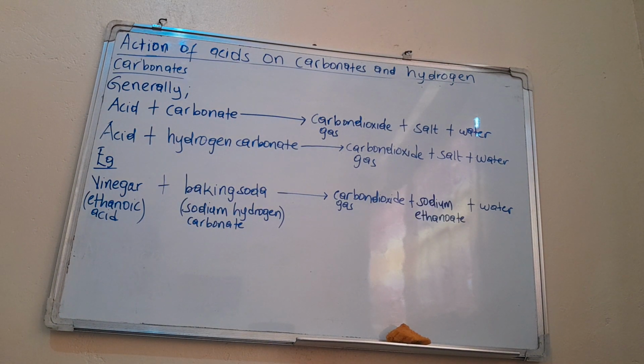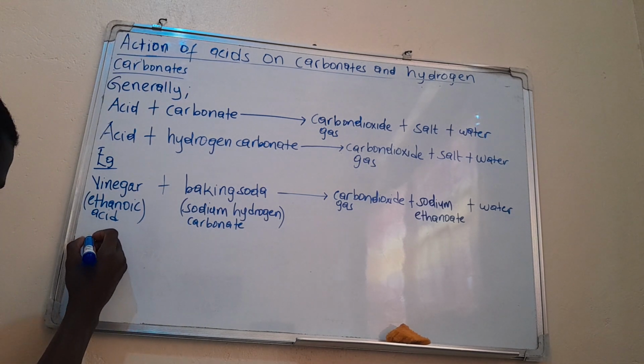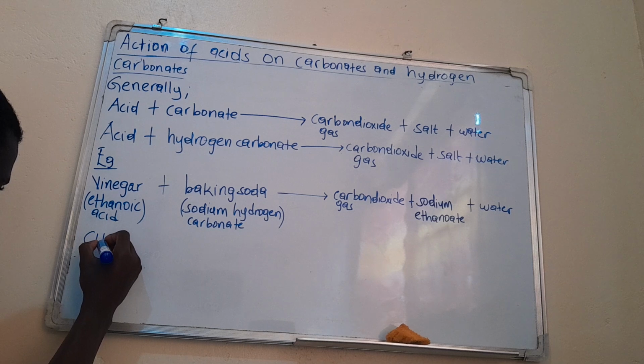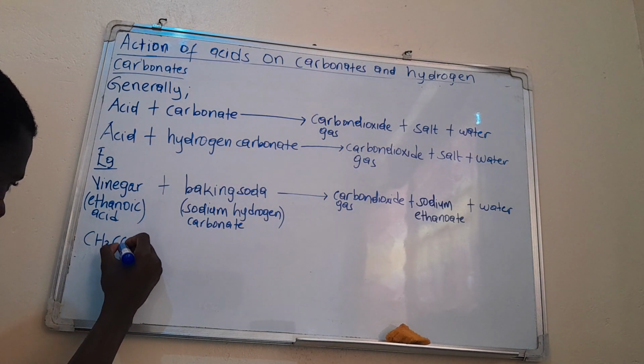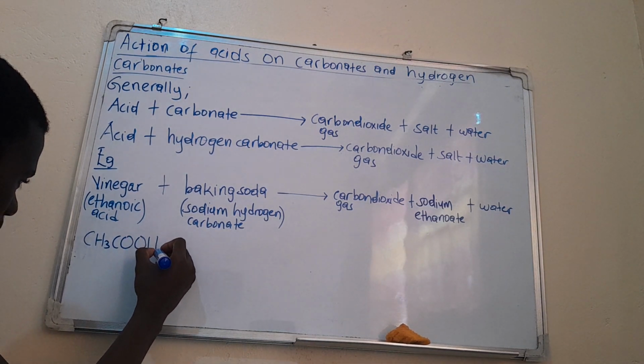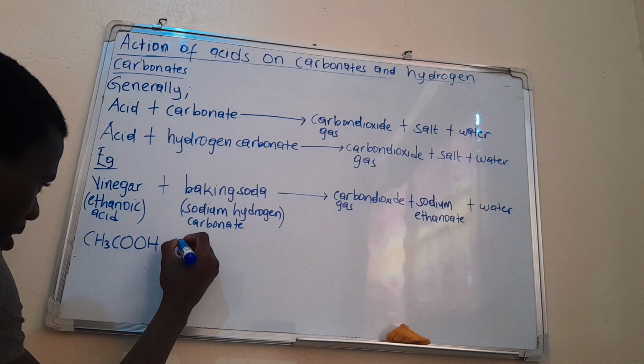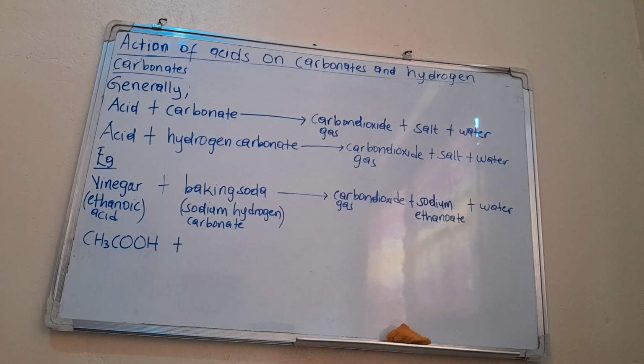We can also write the chemical equation. Vinegar is ethanoic acid, and the symbol of ethanoic acid is this. This is how ethanoic acid looks like. By the way, it's an organic acid. Hope you remember that.